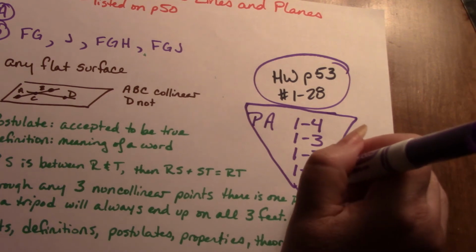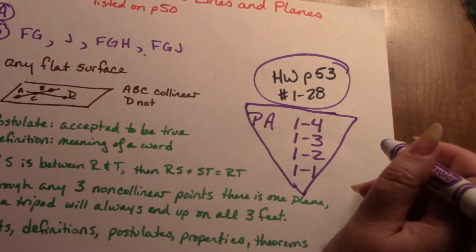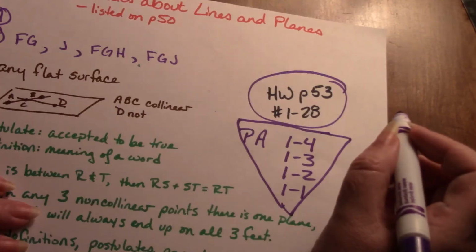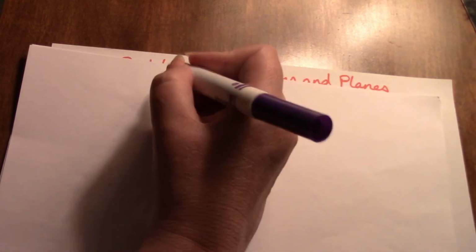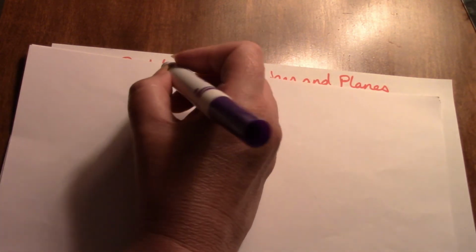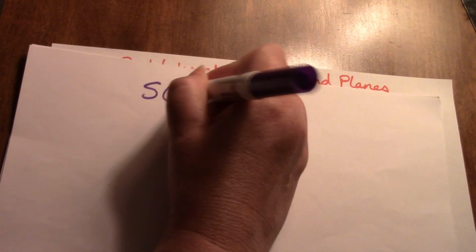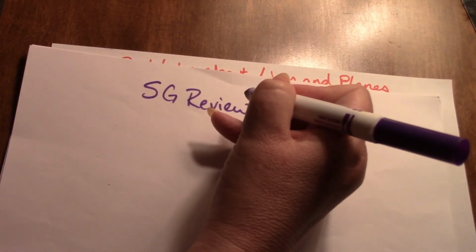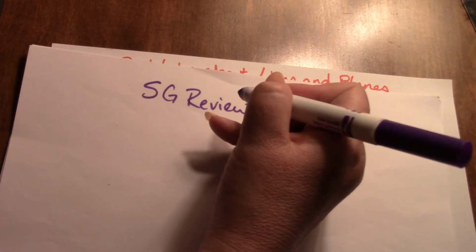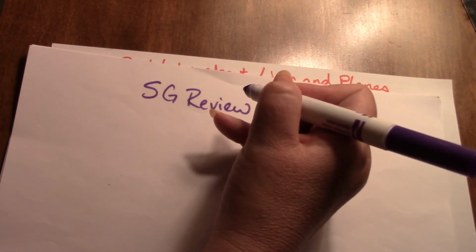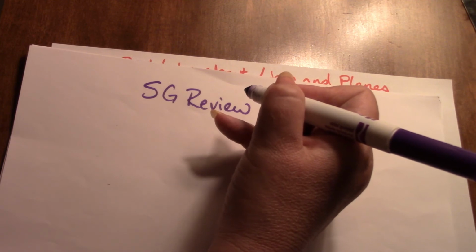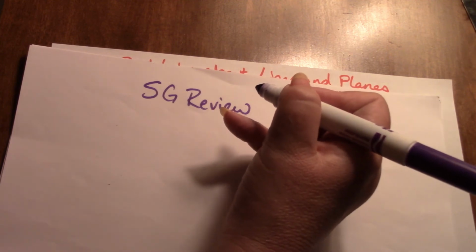Your homework for the next day is going to be to do the three review sections, and those will get counted as a quiz. So we've got the study guide review on page 57, and it has all the basics that you could need to know, and then 5 questions to answer.